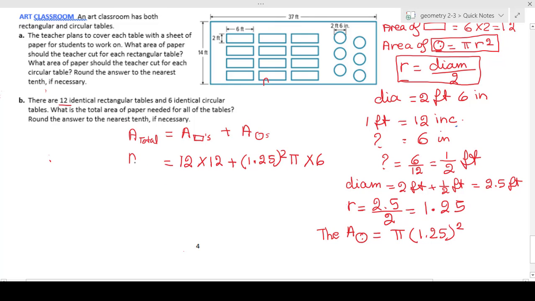So the total area will give me 144 plus, if you do this part by the calculator, 6 multiplied by 1.25 squared multiplied by pi, and find your final answer. This is the total area needed of paper to cover the tables. Thank you.